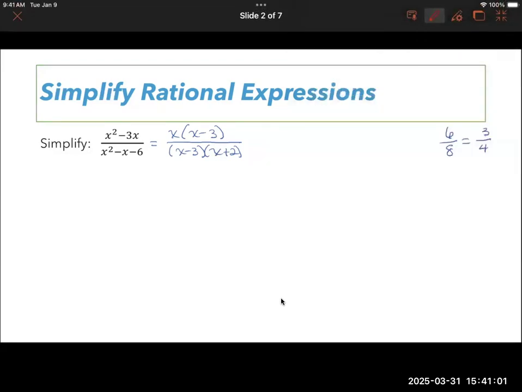So in this case, we can see that x minus 3 is a common factor in both our numerator and our denominator. By canceling those out, we are left with just x in the numerator and x plus 2 in the denominator. And that is our simplified version of the original expression that we started with.